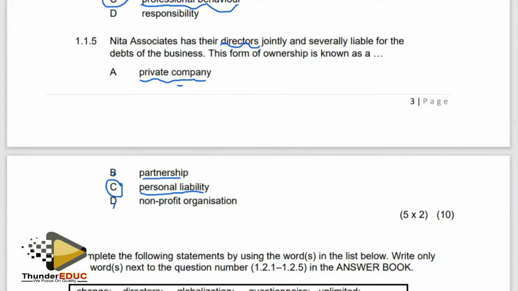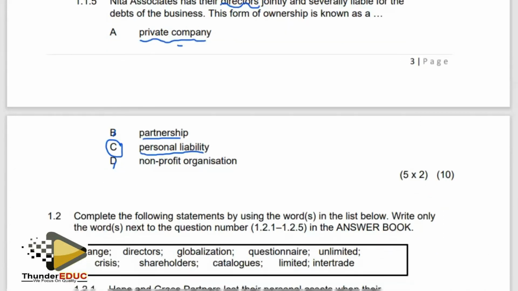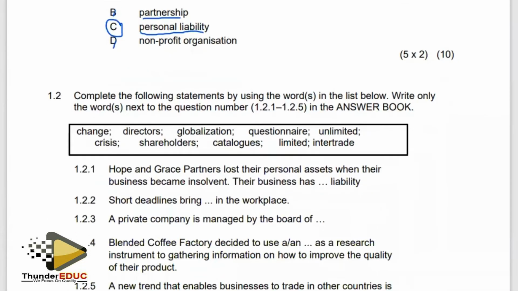Let's look at the next section of the question, which is question 1.2. Under this, we are given a list of words and sentences that we are supposed to complete using the given words.